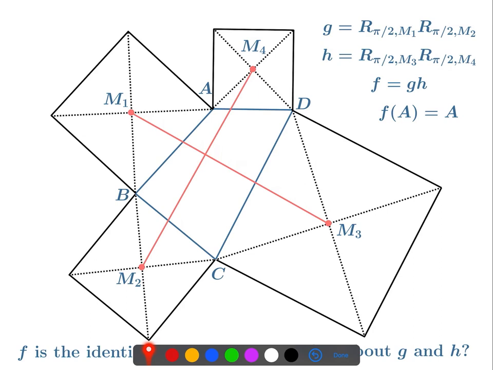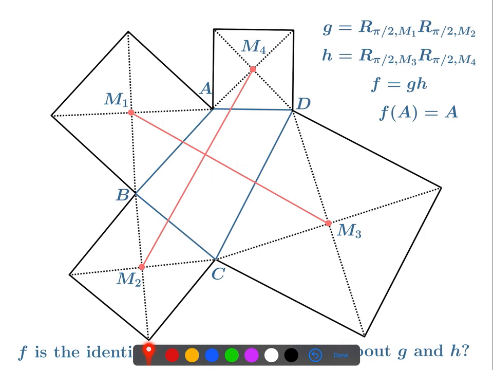In fact, G is taking C to A again. So if you want a rotation about some point by pi to go from here to here, then it's going to be the midpoint of AC. A rotation around that midpoint will take C to A. So the P for G is just the midpoint.